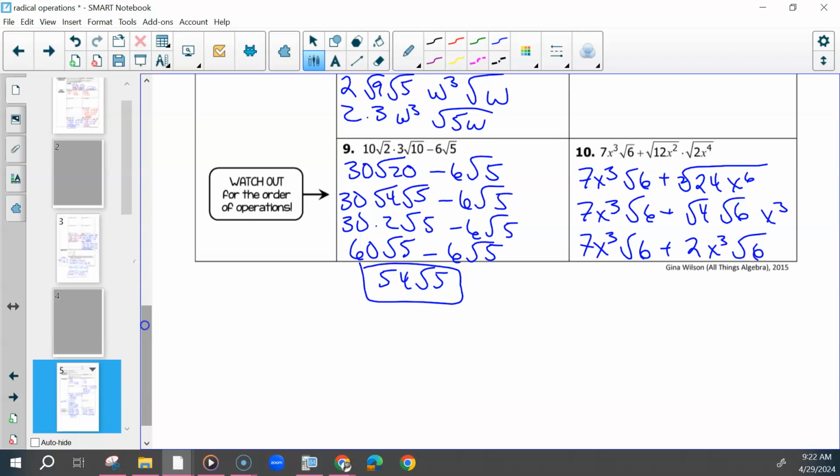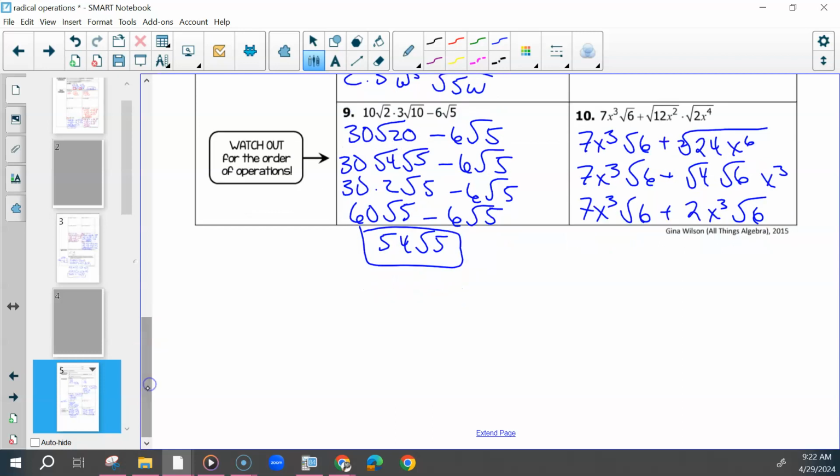Now we're combining like terms still, but now it's like polynomial operations and radical operations at the same time. Don't combine the exponents. What would that final answer be? 9x cubed times the square root of 6.